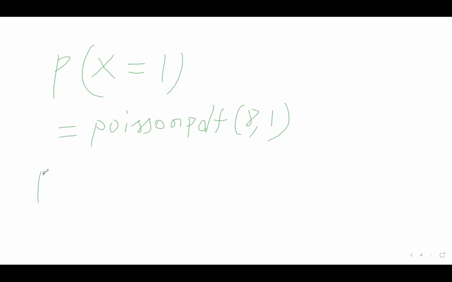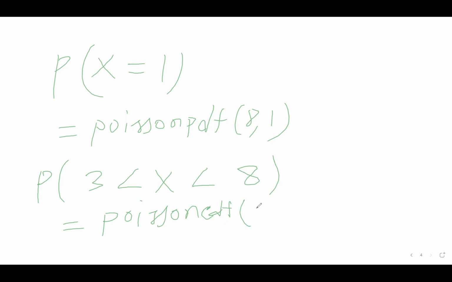And if you consider one more example here, for example, if you want to find P(3 < X < 8), X is between 3 and 8, not inclusive. So in this case, you have to write Poisson CDF 8, and in this case it will be 7 because 8 is not inclusive, minus Poisson CDF 8, comma.